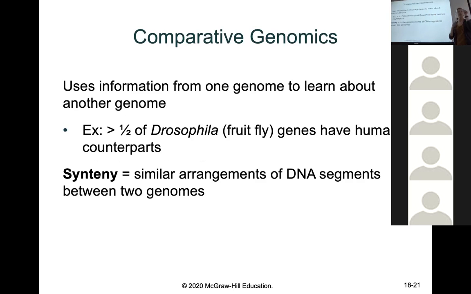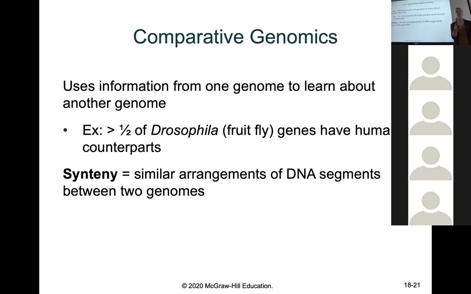The tiny little fruit fly, if you've ever seen those in your house, they have half of their genes the same as ours. So we know a lot about fruit flies. They're an important kind of lab experimental model. We know what a lot of their genes do, so we can compare their genome and the functions of those genes to our sequences and potentially understand a little bit more about what our genes are doing as well.